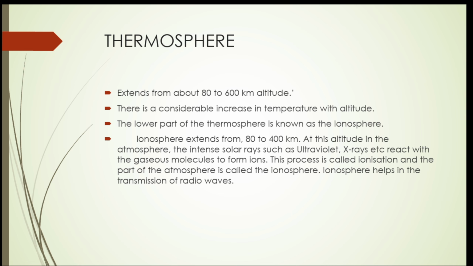So, today we looked at the topic structure of the atmosphere. We talked about the division of the atmosphere based on uniformity of molecules. That is, division into the homosphere, where there is some uniformity in the gaseous composition, and the heterosphere, where there is no uniformity in gaseous composition.